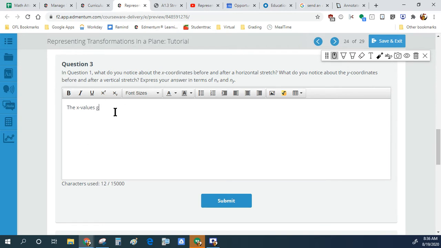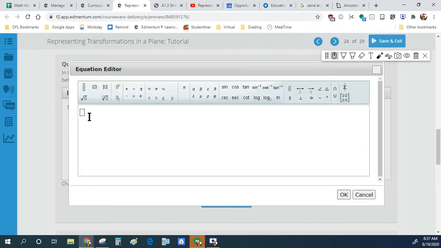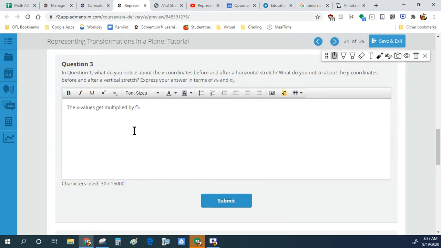The x values get multiplied by nx. If you want to write it the way they do, I recommend using the equation editor. We're going to write n, and we're going to use a subscript. This is a subscript, and this is known as a superscript. X. We multiply it by nx.